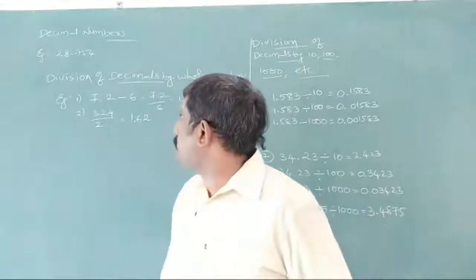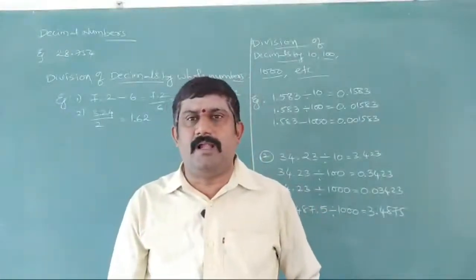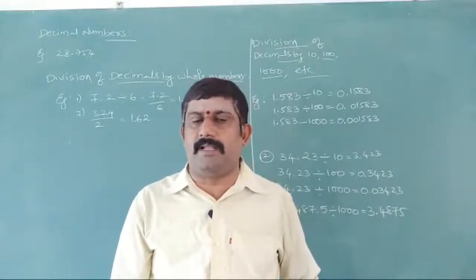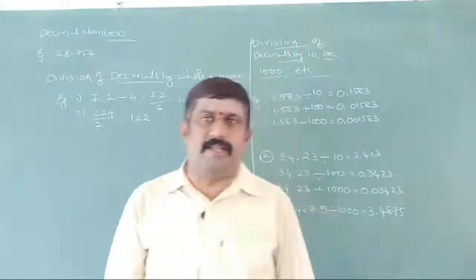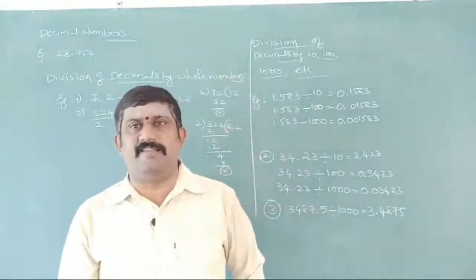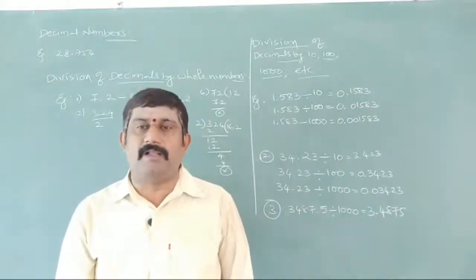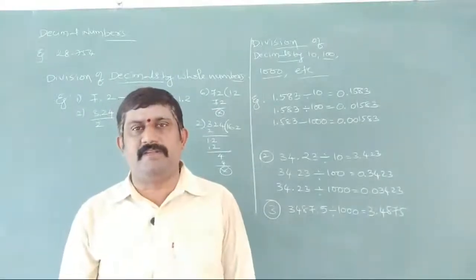One is directly decimals into decimals or decimals into whole numbers, and the second one is decimals by 10, 100, 1000, 10,000, etc. In division also the same: division of decimals by decimals, division of decimals by whole numbers, and division of decimals by 10, 100, 1000, etc. So this is what we have discussed today.